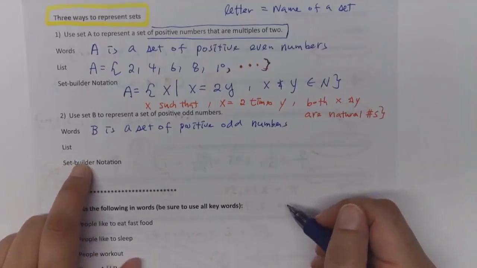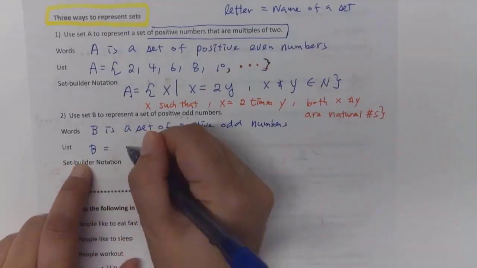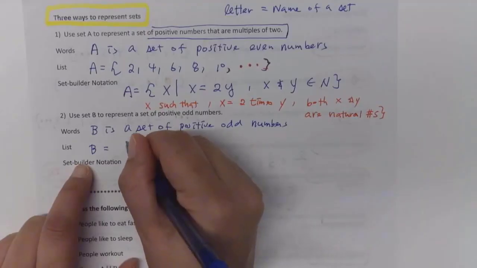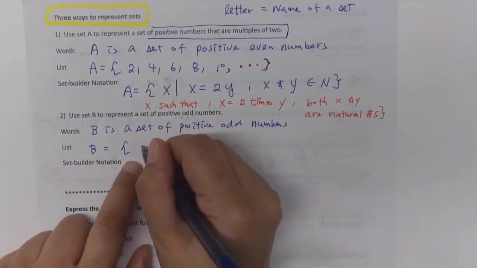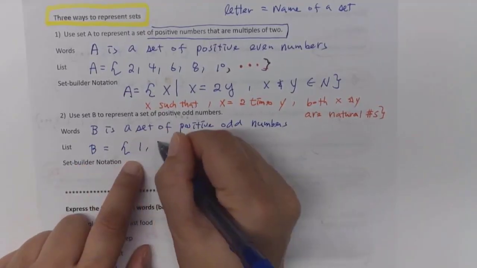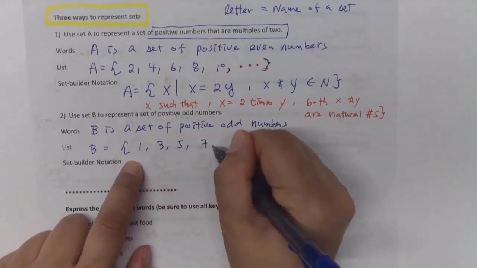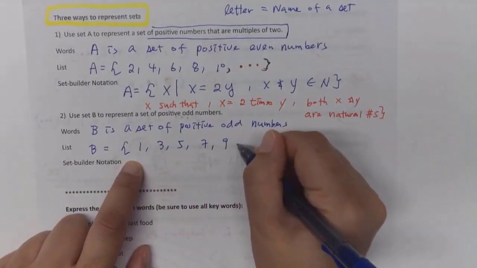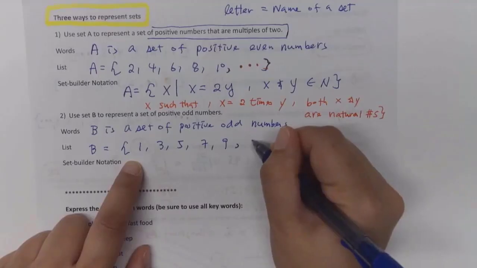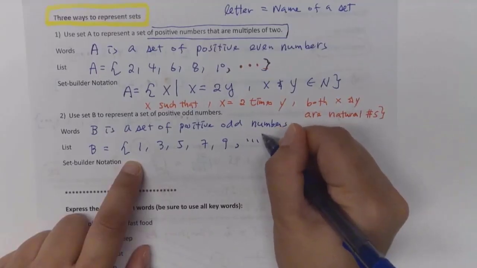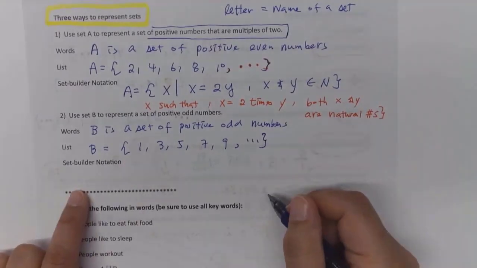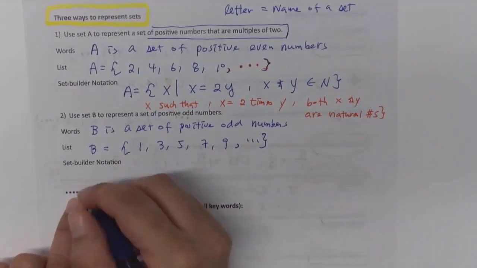Start with B equal to squiggly brackets. First number is 1, 3, 5, 7, 9, comma, dot, dot, dot, squiggly bracket. Okay, now it's testing you.